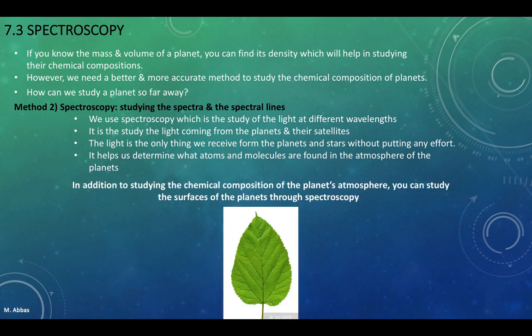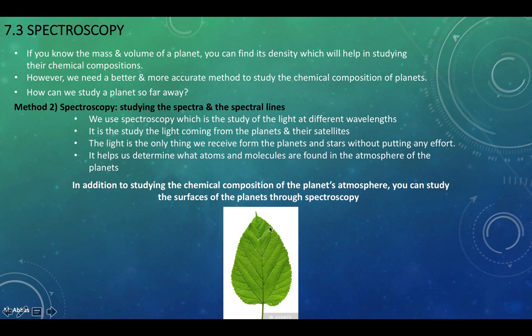But I'm going to briefly explain this again. Very simple example: if you look at a leaf, it's green in color. So when you look at colors, you're doing spectroscopy. What does it mean that a leaf is green in color?